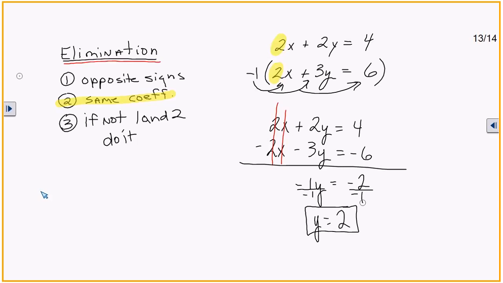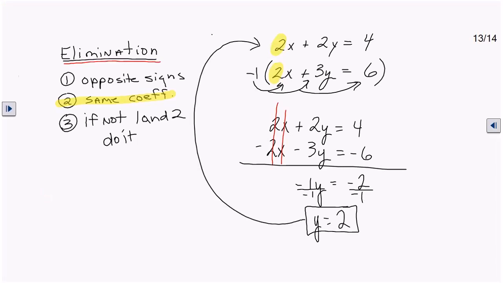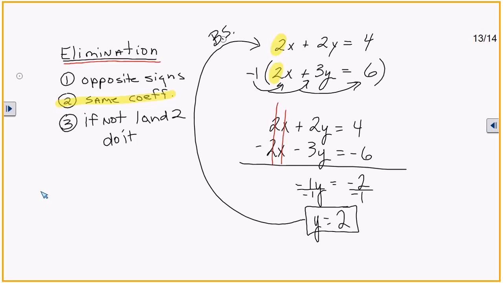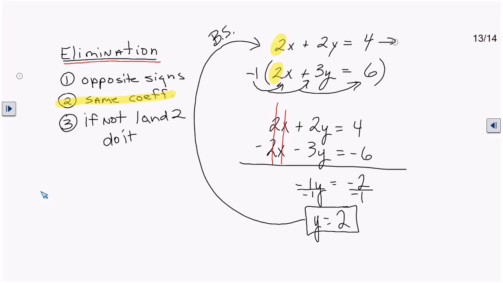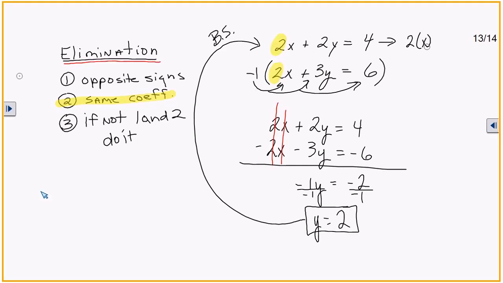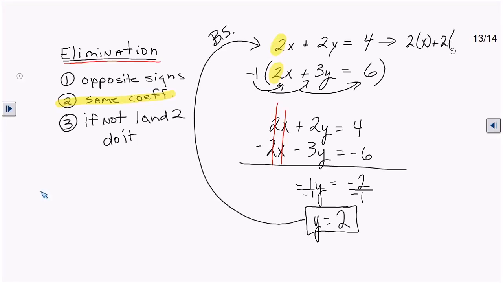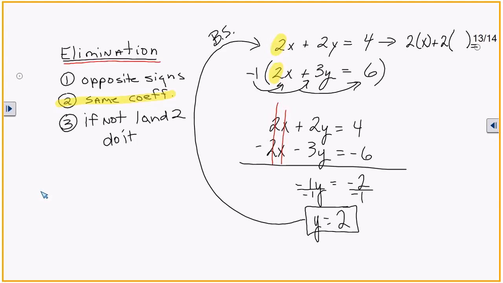So now what do I do with that? Well, you take that 2 and you back substitute it into either one of these. I'm going to use this one. 2 times x plus 2 times y is equal to 4.